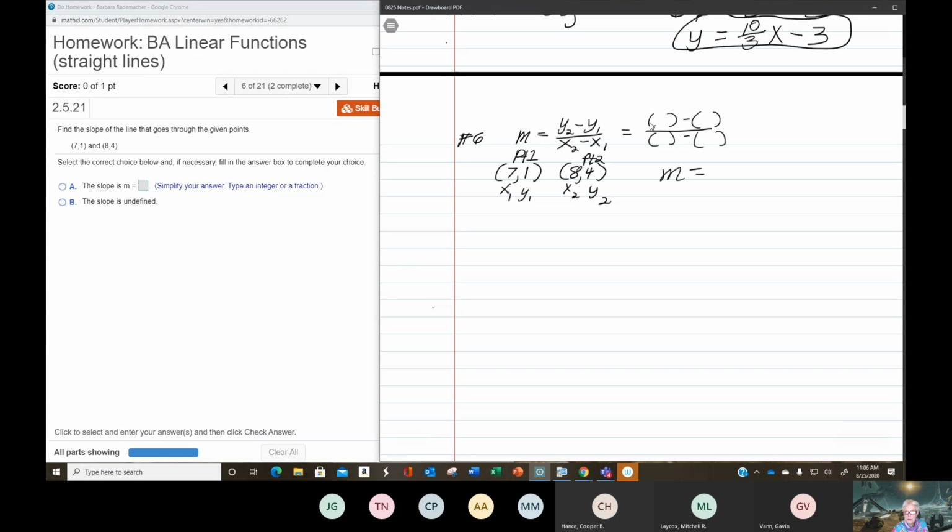All right, so y2 is 4, y1 is 1, x2 is 8, x1 is 7, equals 4 minus 1 is 3, 8 minus 7 is 1, so 3 should be our slope. Should I, dare I?